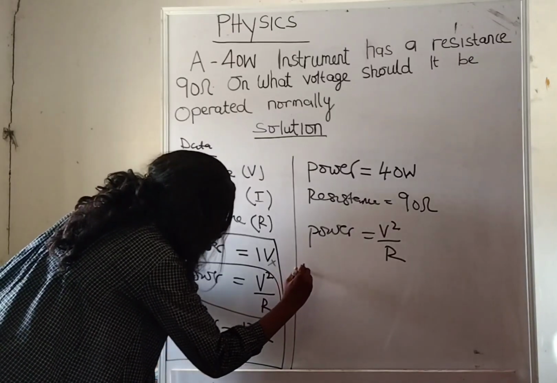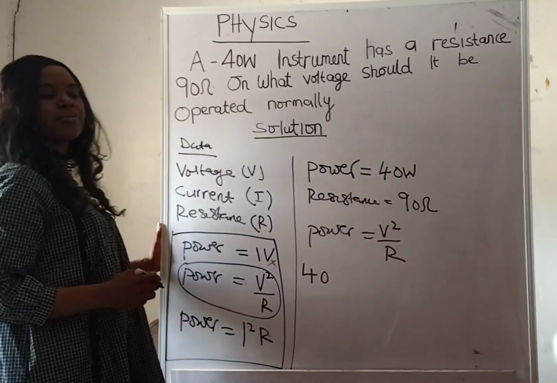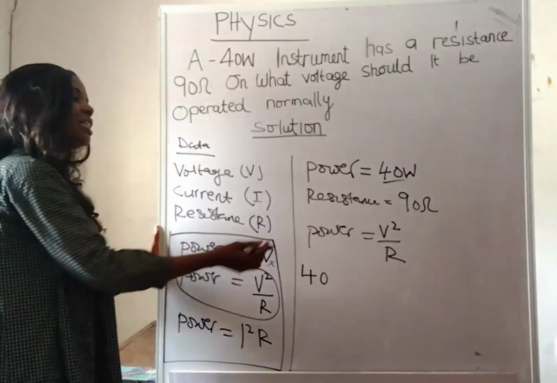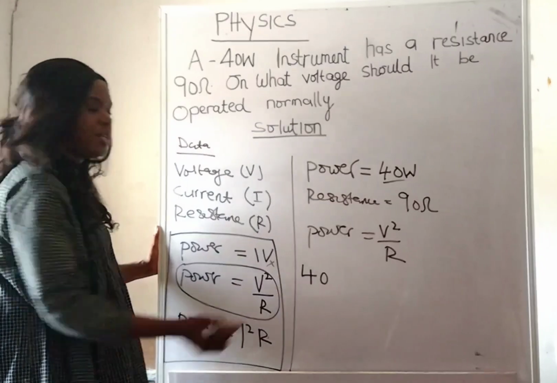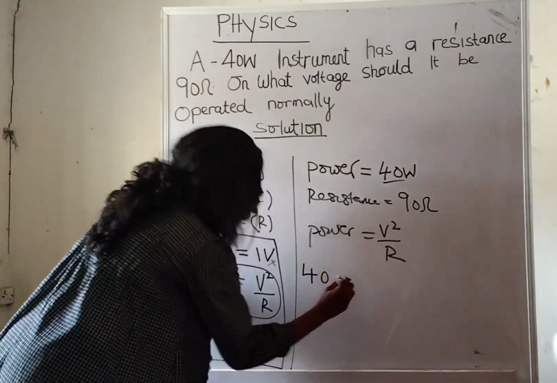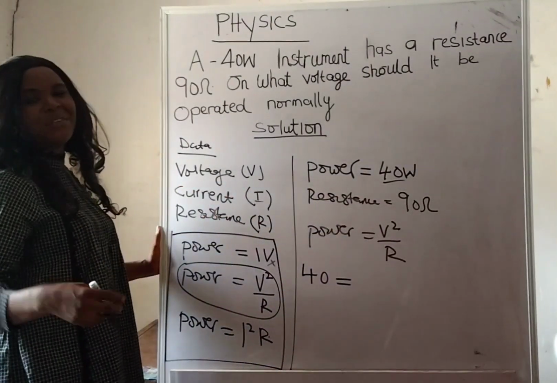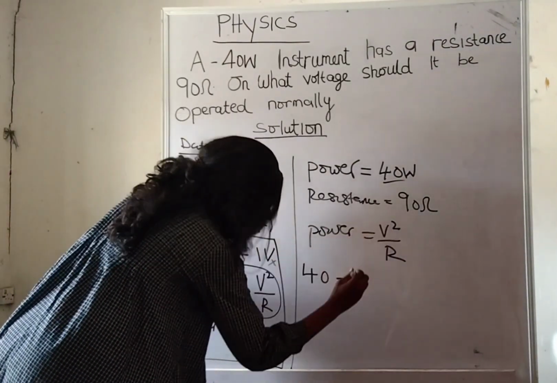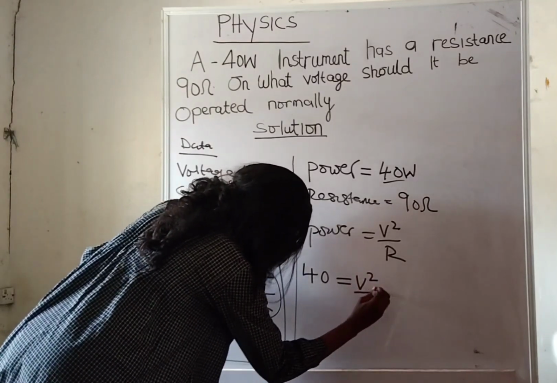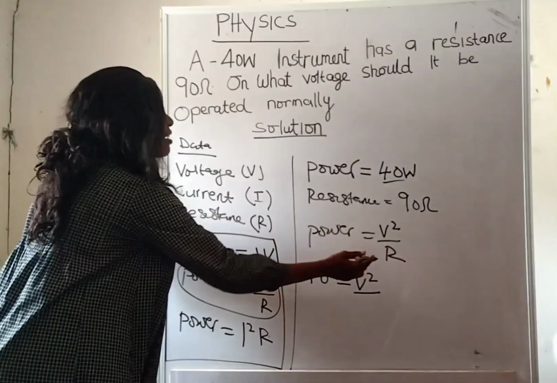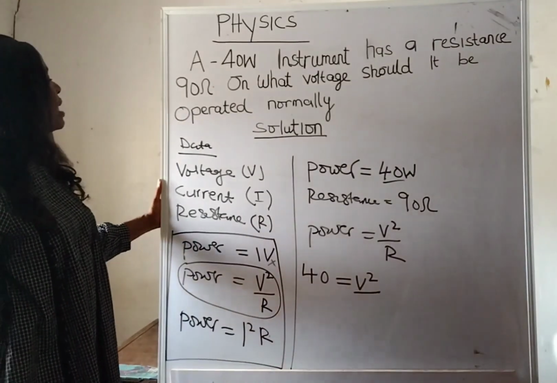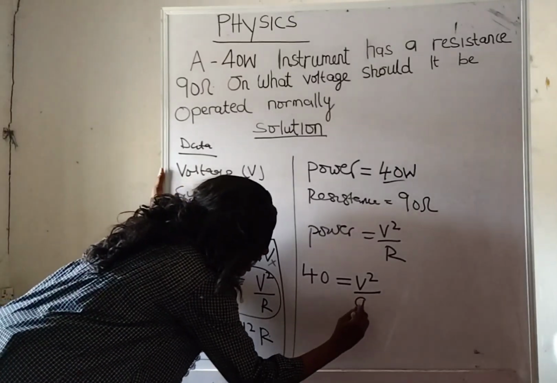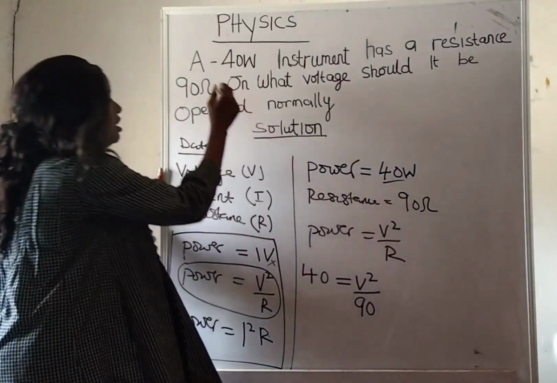So we write 40. Equals V square. Are we given V? No, we are solving to find the value of V, so we still write it as V square over R. Are we given R? Yes, we are given R as 90 ohms. Resistance is measured in ohms.